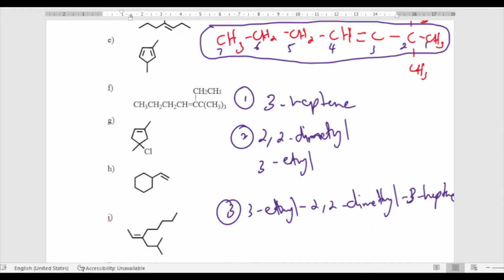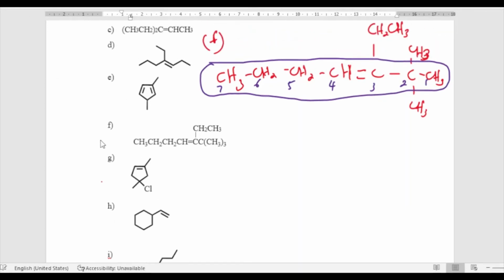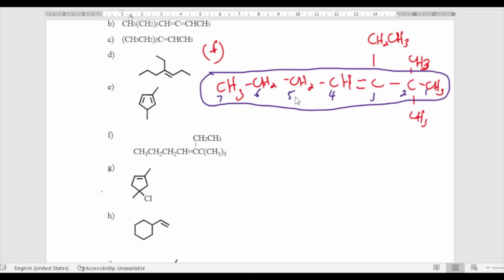Okay, for this one, let me compare. Maybe some of you will get this answer. CH3, CH2. So there is another possibility for the name of this one. CH2, CH3.